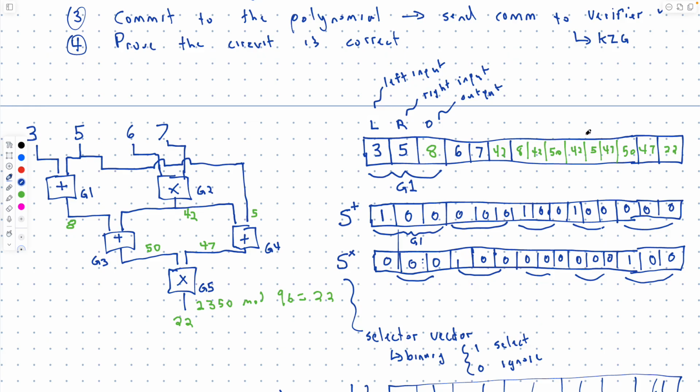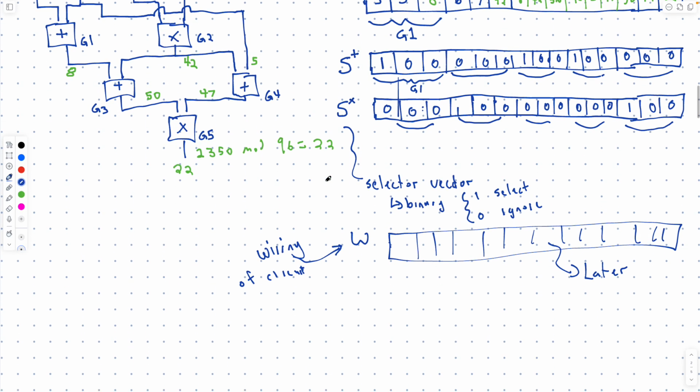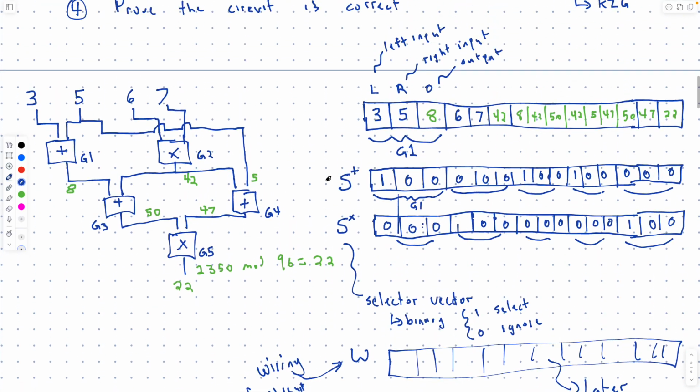The verifier doesn't know. If I replace this 42 with 47, it's no longer a correct circuit trace, but it's still a commitment to a polynomial, and it's still structured correctly. So I have to prove that this is a correct circuit. That's going to be, as you imagine, the hard part.